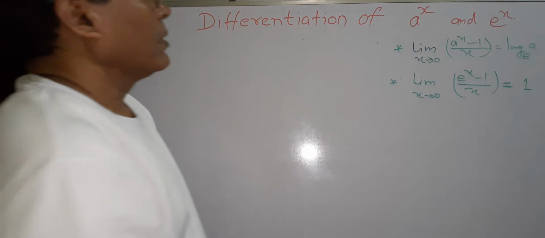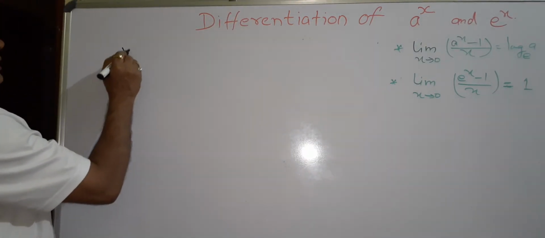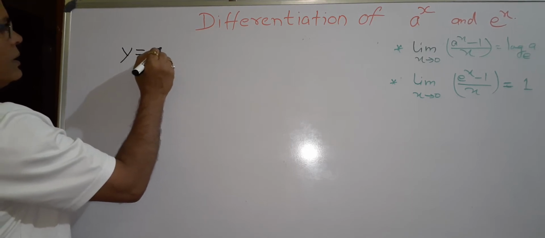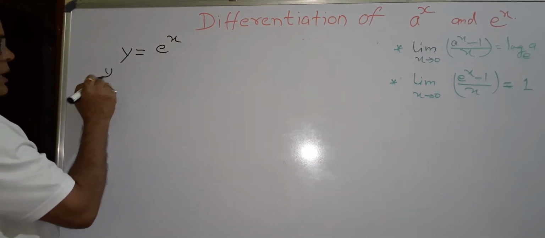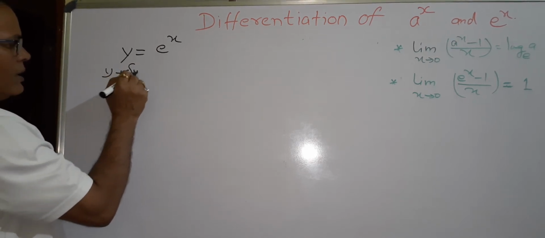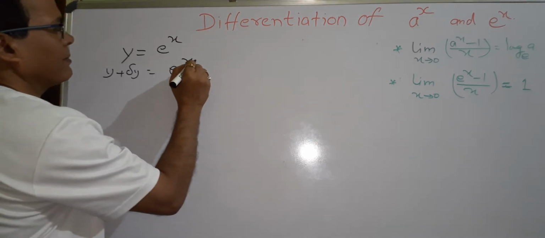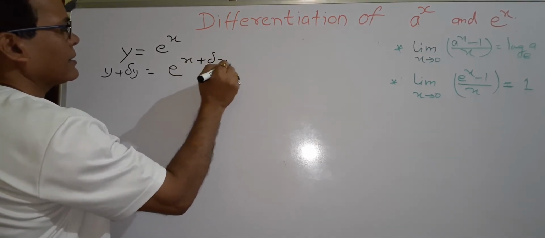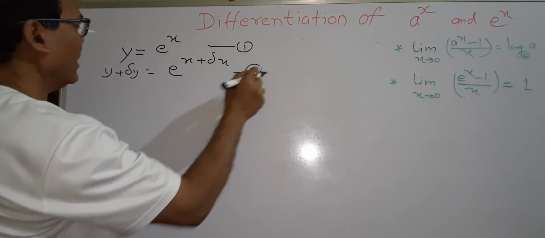Now we have to prove it for e to the power x. So y is equal to e to the power x. So y plus delta y is equal to e to the power x plus delta x. Similarly, we consider equations 1 and 2.